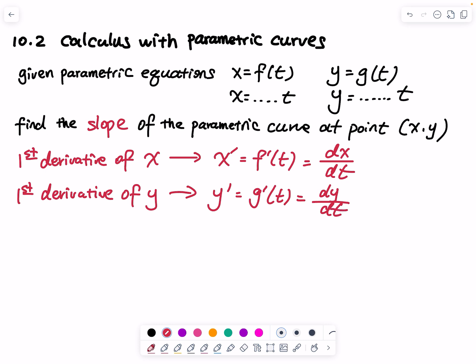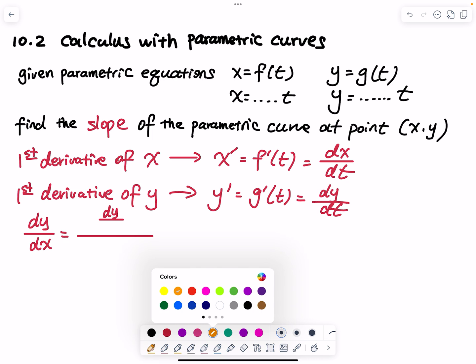All right, then how about dy dx? dy dx is the derivative of y with respect to x. I need to split this up into the derivative of y with respect to t, dy dt, over the derivative of x with respect to t, dx dt.